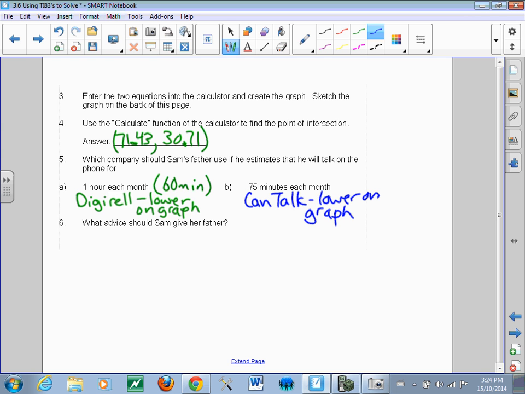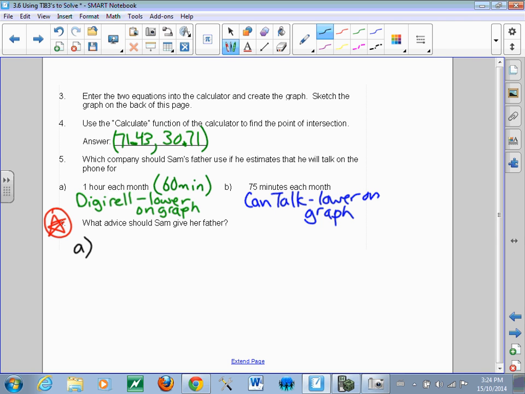And here's a very important step, folks, and make sure that you have this ready for your unit test or in life. What advice should Sam give her father? Well, there's 3 cases. Before the point of intersection, at the point of intersection, and after it. So let's go over those.